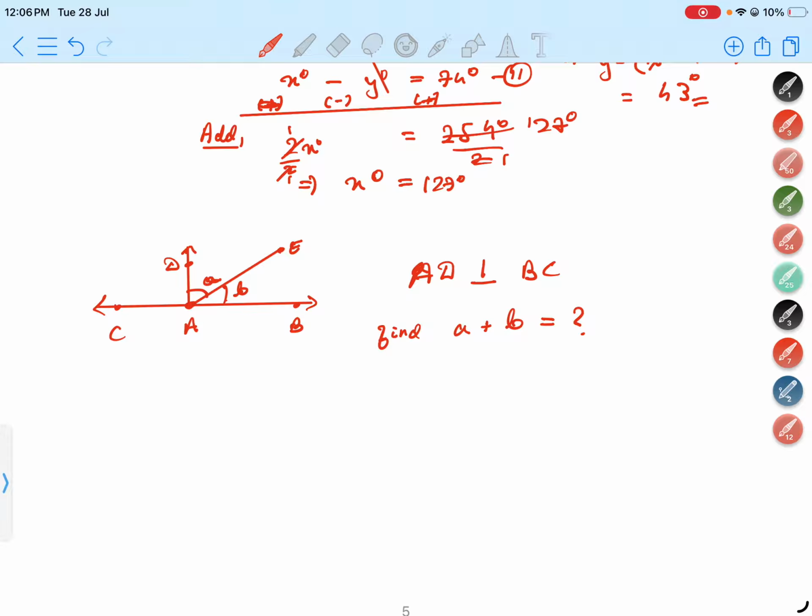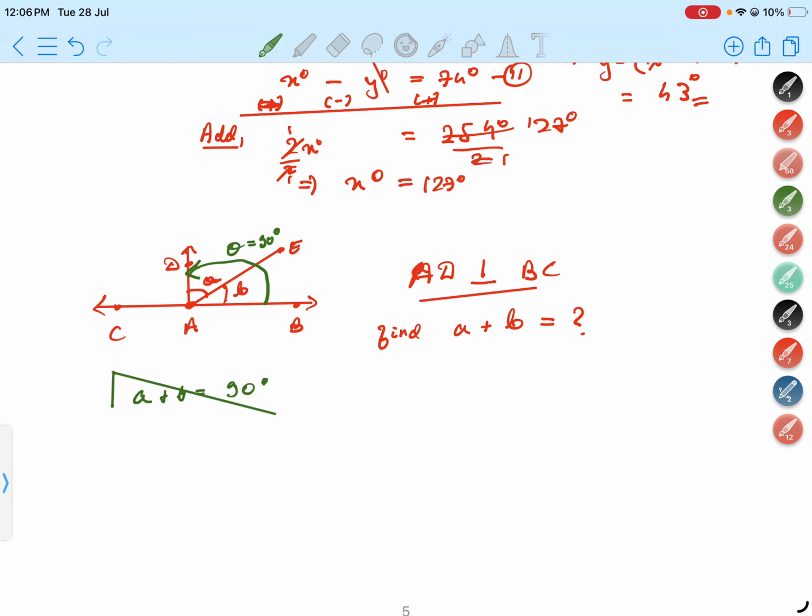So I hope you are done with it. Coming to the question, here, as we know that since these are perpendicular to each other, then the angle, that is this angle from AB towards AD, this theta will be 90 degree, because this is a right angle. So A plus B will sum up to give us 90 degrees.